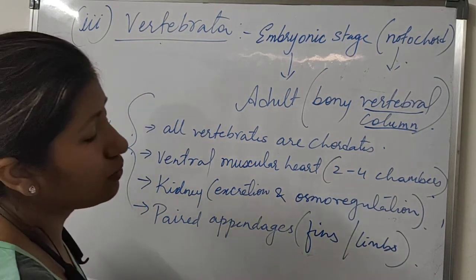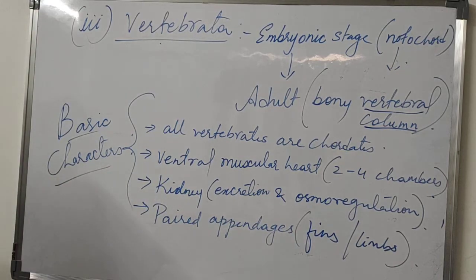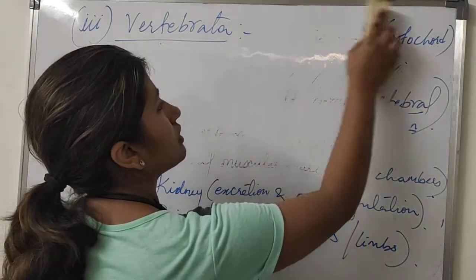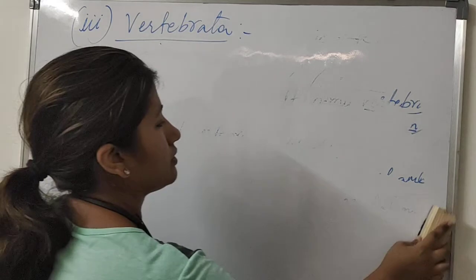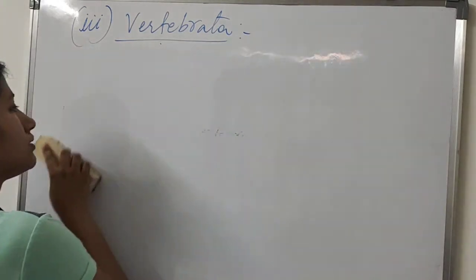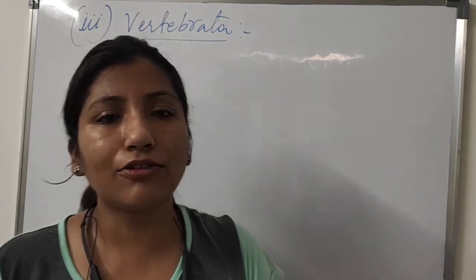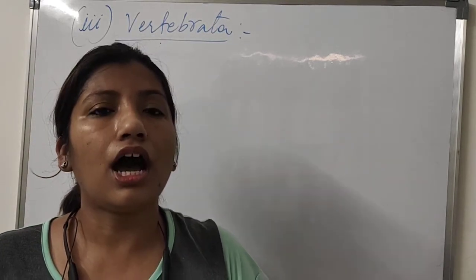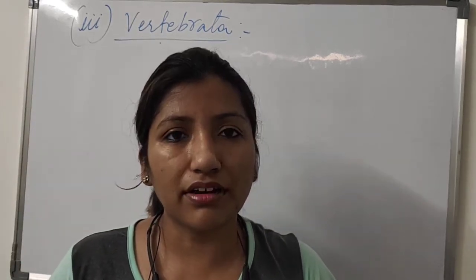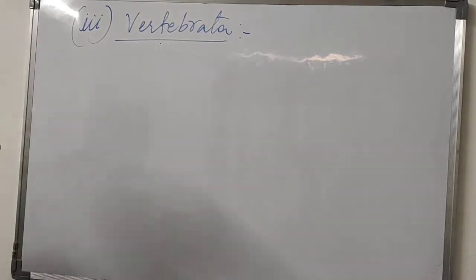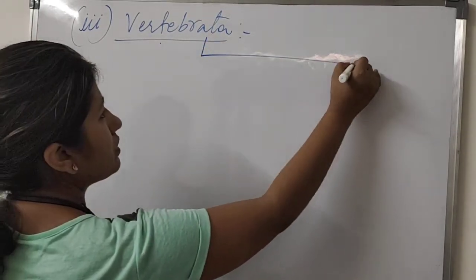Okay. So now on page number 56 you will find a flow chart, and that flow chart will help you understand how the classes of the vertebrates are divided. Okay. So we'll see the vertebrates have 2 divisions.